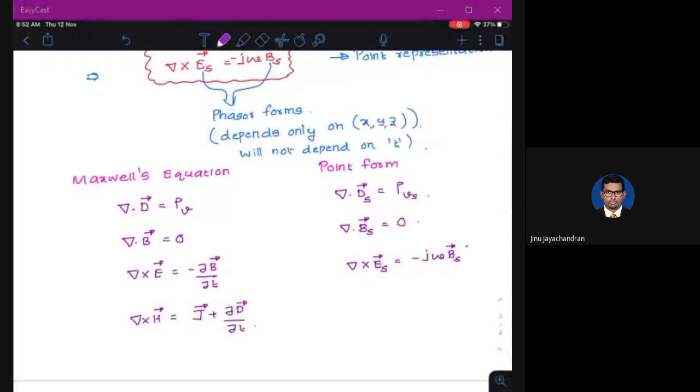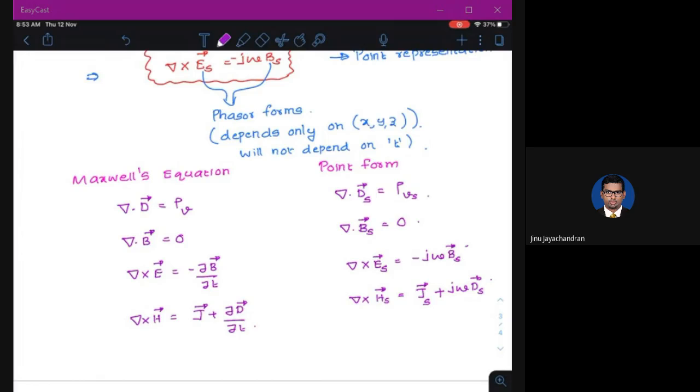So I can write in point form as del cross Hs is equal to, J doesn't have any kind of differentiation or integration, so J will remain as Js, the phasor form of J, plus there's a differentiation with respect to D, so we'll have j omega Ds. So now you have represented the Maxwell's equation in the point form.